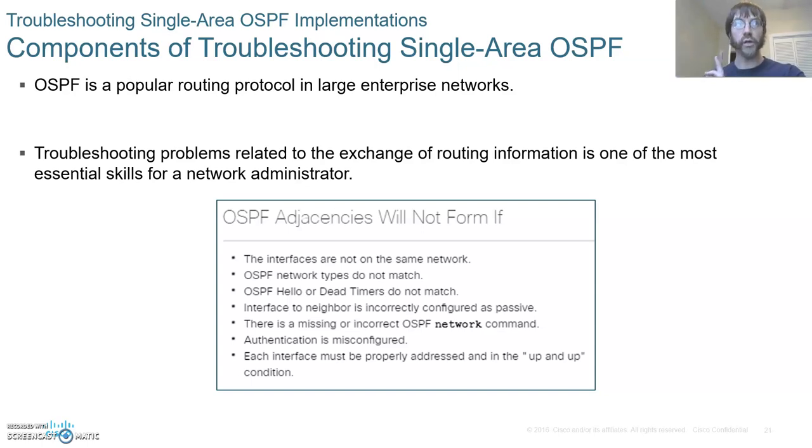Obviously, if the network statement is not there, nothing's happening. The other thing that can go wrong here is if the network statement you provide in router configuration mode does not precisely match the mask of the interface configuration mode you use on the physical interface.